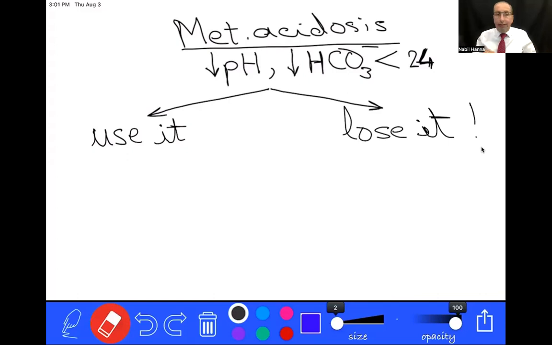These are the two ways of lowering the bicarbonate amount in the body. And these are the two types of metabolic acidosis. Lose it as in what? Simply as in diarrhea.